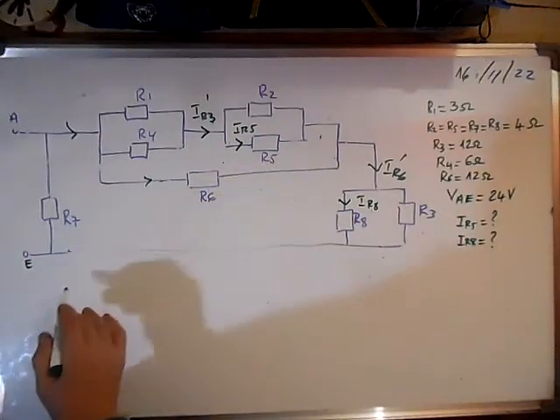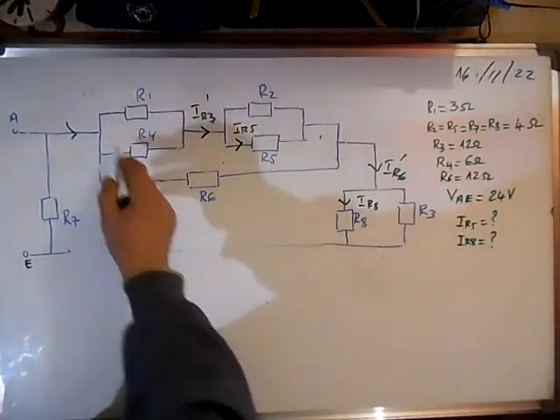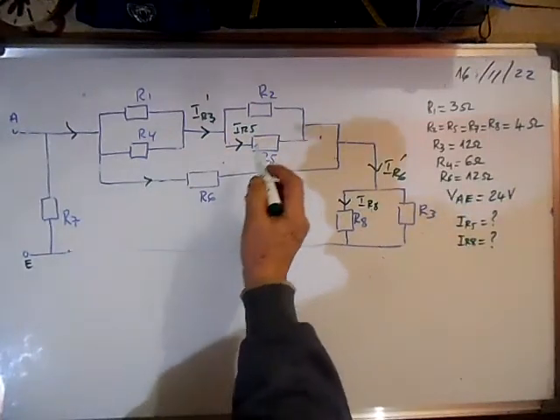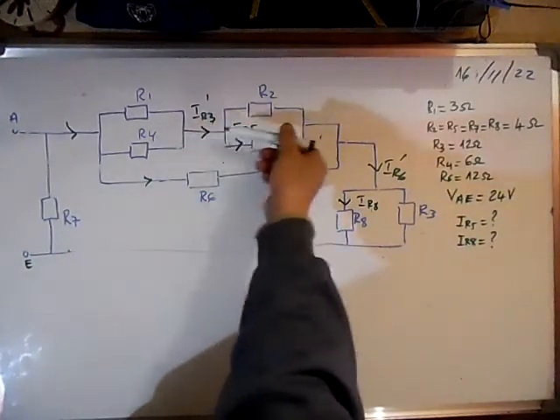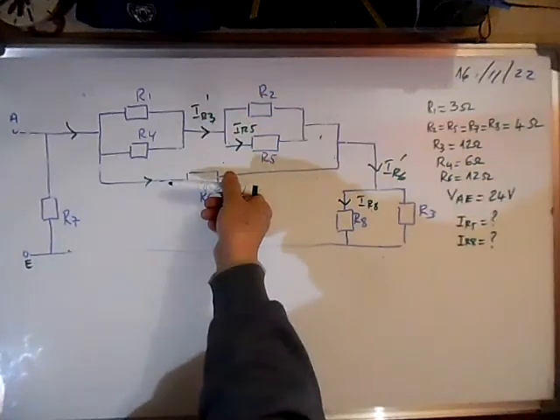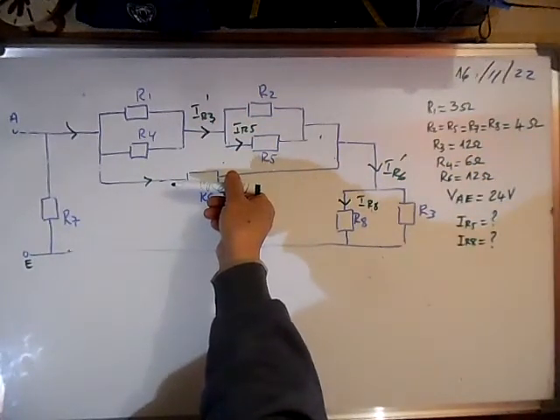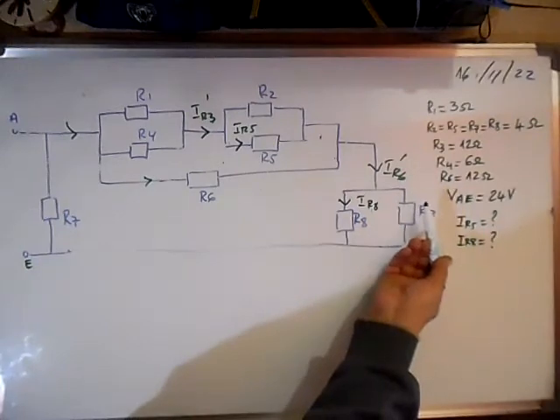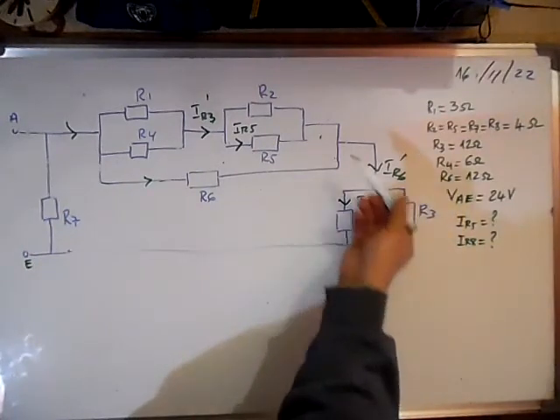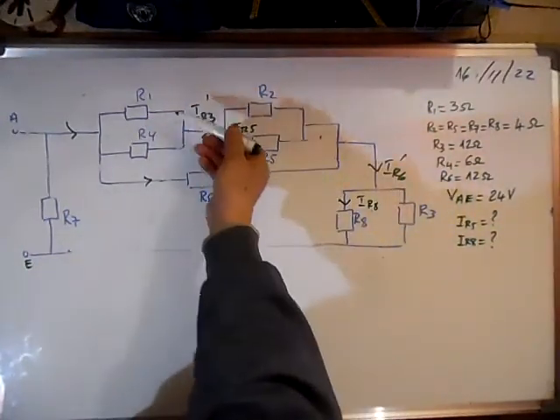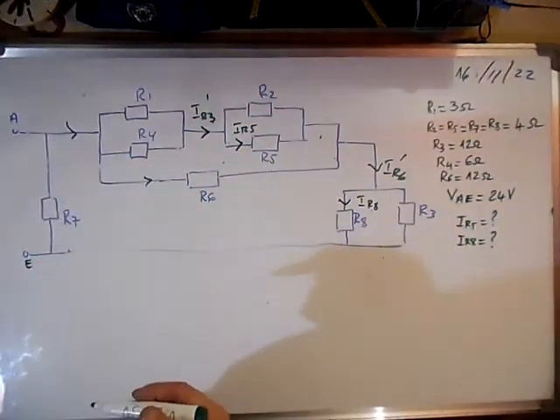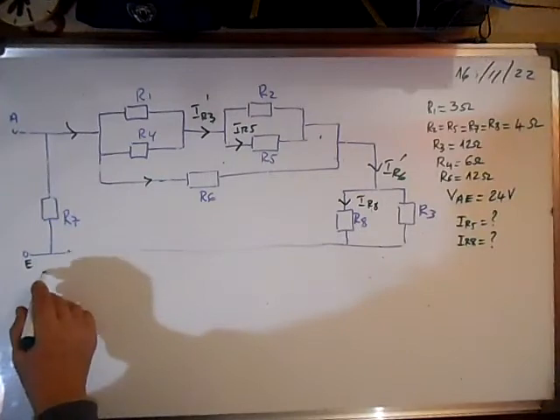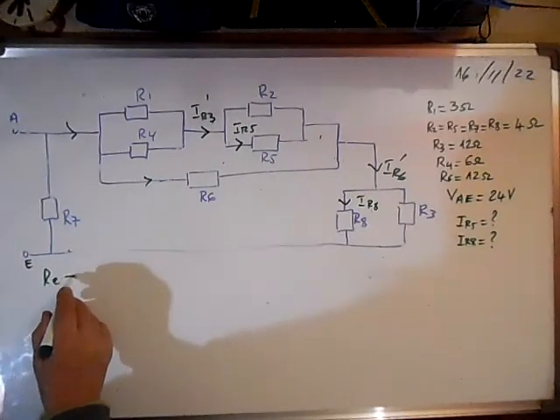First of all, I see that R1 and R4 are in parallel, R2 and R5 are in parallel, then they are in series, and then they are in parallel with R6. R8 and R3 are in parallel, and then they are in series with this, and this is in parallel with R7. So we write the equivalent resistance.